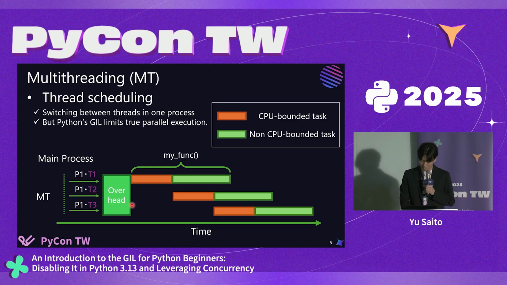The orange bar means CPU-bound tasks, and the light green bar means non-CPU-bound tasks. As you can see in the graph, multithreading cannot run at the same time. This is a characteristic of multithreading in Python. I will explain later why this happens.